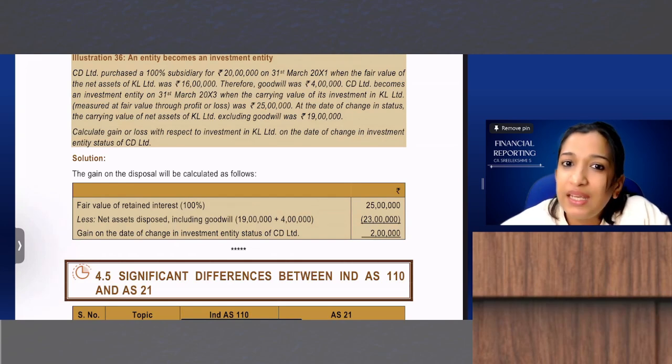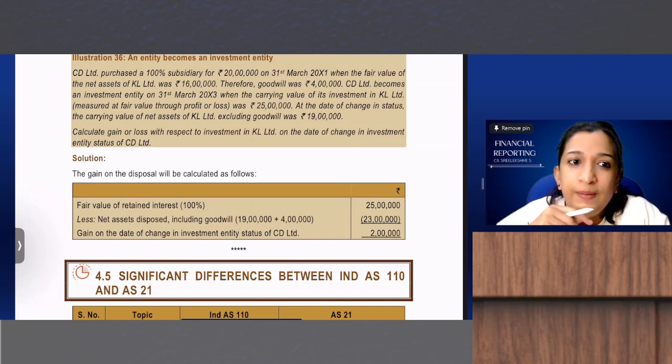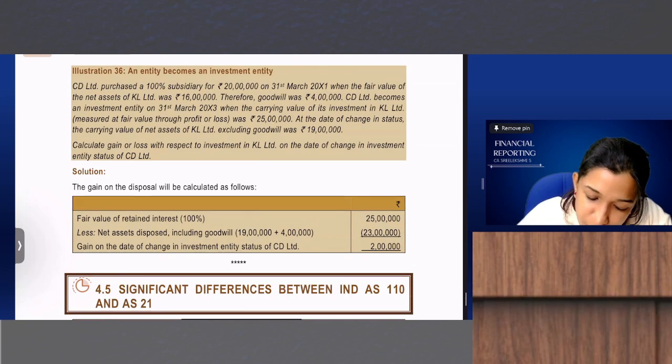CD becomes an investment entity. Till yesterday it was a parent, but now an investment entity. And the carrying value of investment is measured at FVTPL. Now investment should be valued at 25 lakhs fair value. And carrying value of net assets excluding goodwill is 19 lakhs. So now investment value is 25 lakhs.